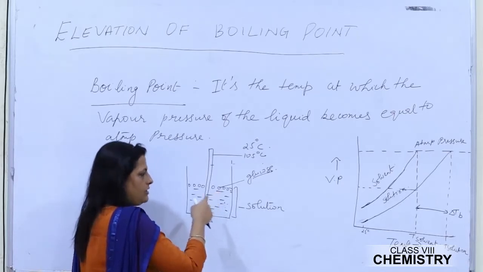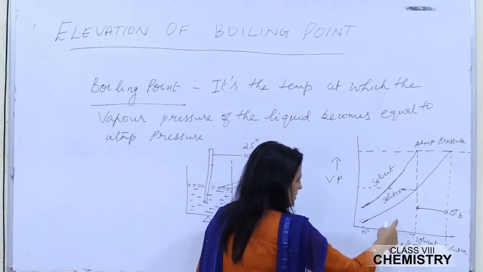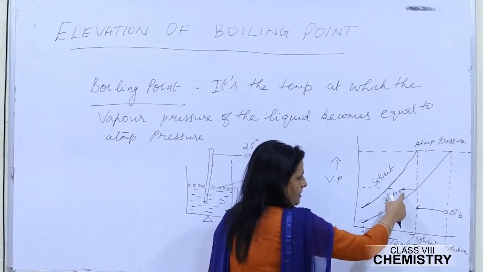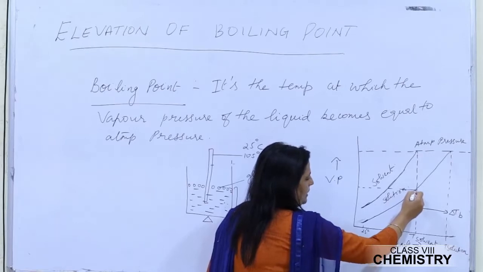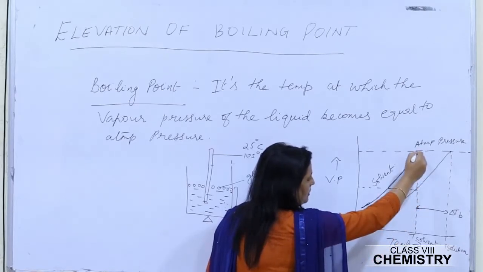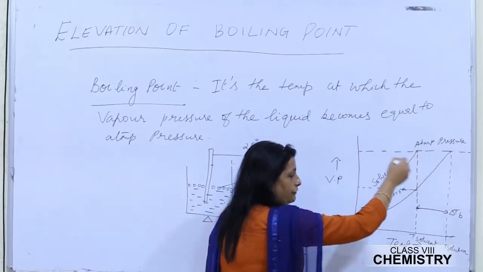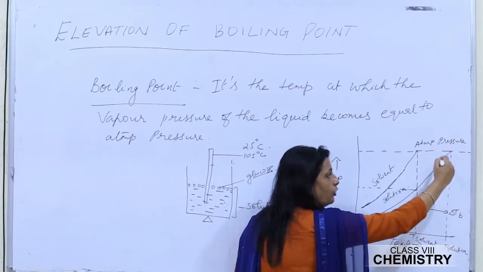Non-volatile solute. So the process is repeated, and you see at all temperatures of the solvent, the vapor pressure of the solution is less. See, at this point, the vapor pressure of solution is this much, but at this point, the vapor pressure of the solvent has become equal to atmospheric pressure. So, for the solution to reach atmospheric pressure, we have to heat it for some more time.